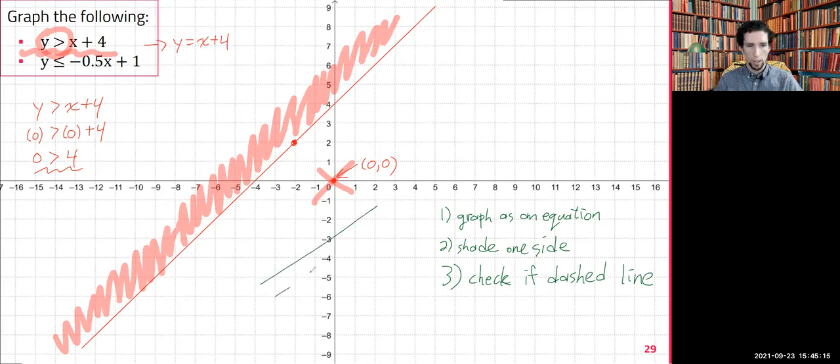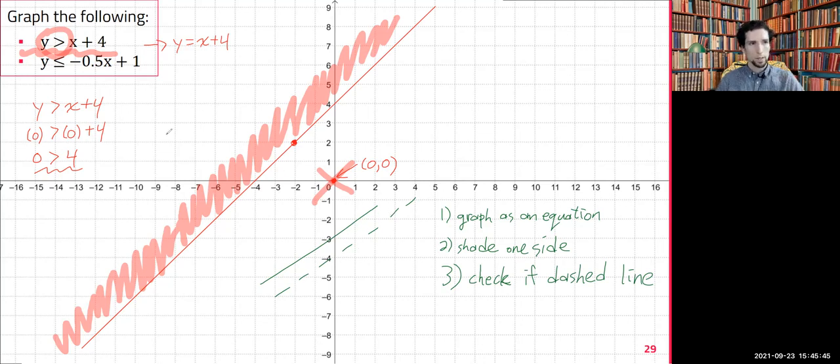A dashed line would be like this. Sorry, not straight line, a solid line. Solid line means that the points on the line itself are included in the inequality. A dashed line means points up to the line are included, but points that are perfectly on the line are not included.